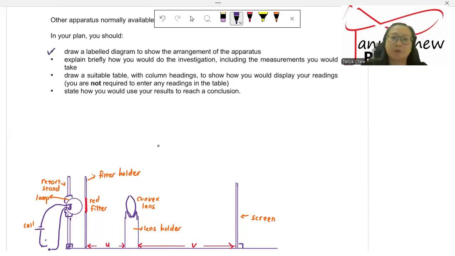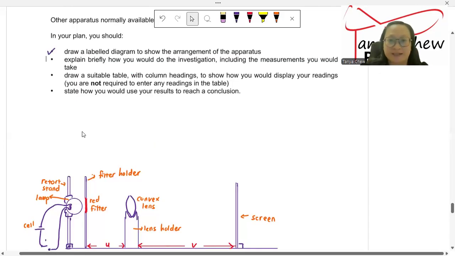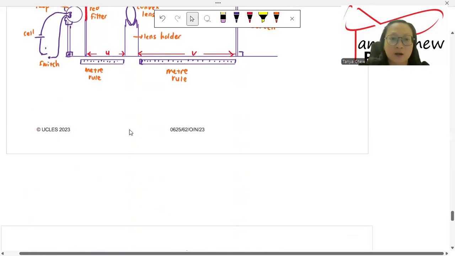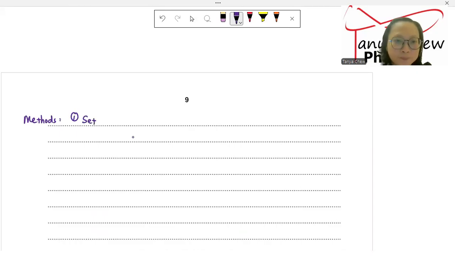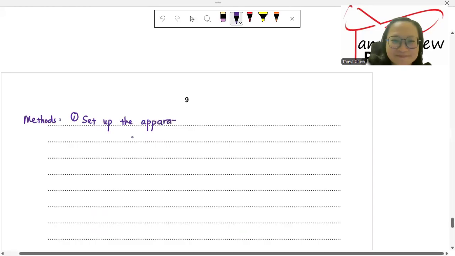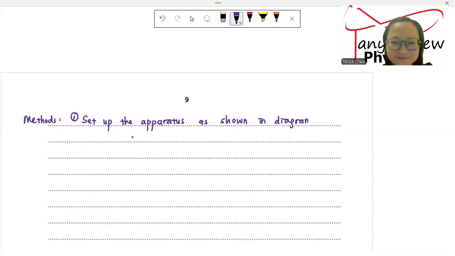And the second part: explain briefly how you would do the investigation, including the measurements you would take. So I am going to talk about that. That will be my method here. Methods, and I want to be polite, that is why I say set up the apparatus as shown in my diagram.